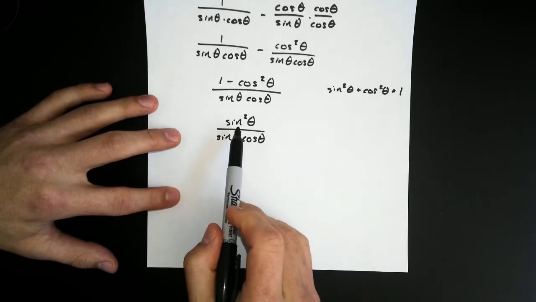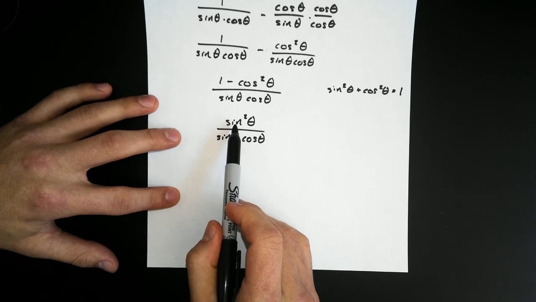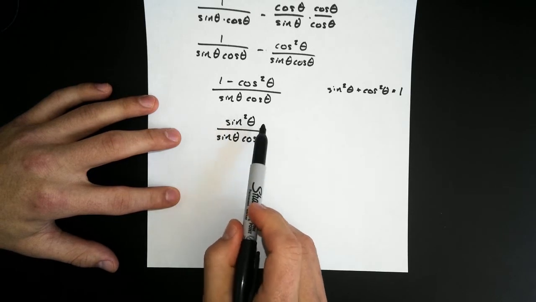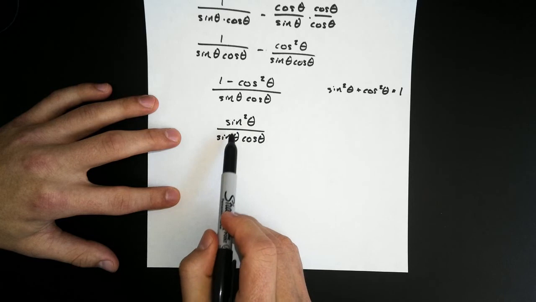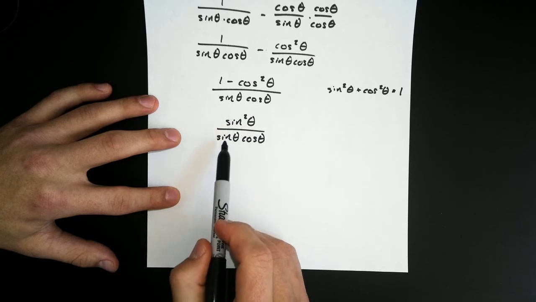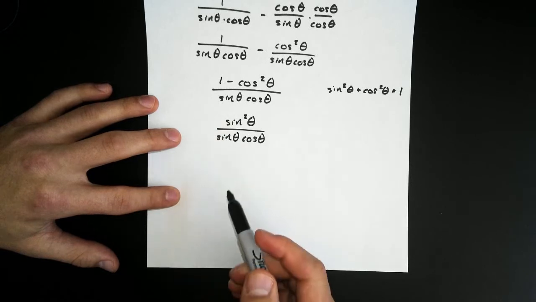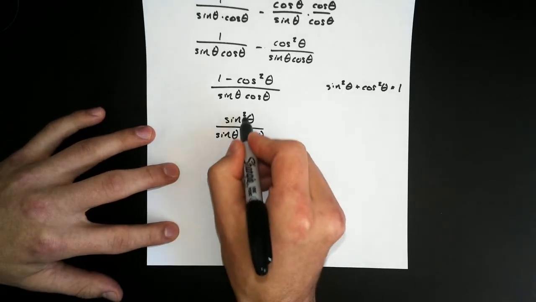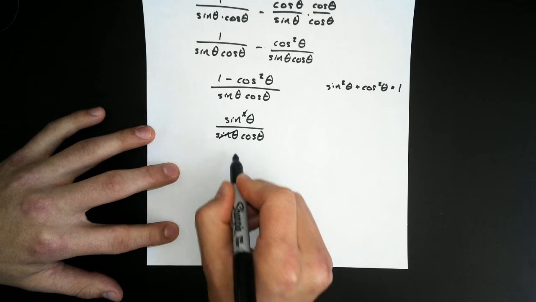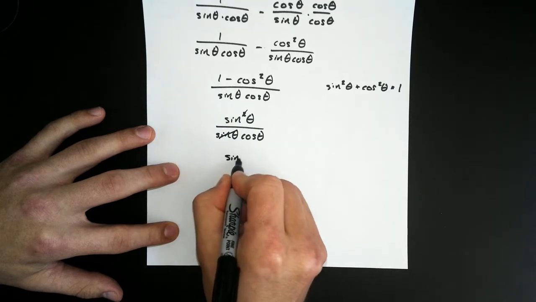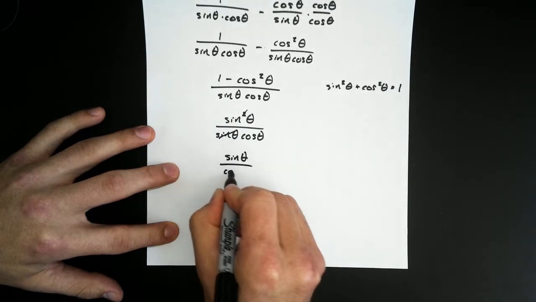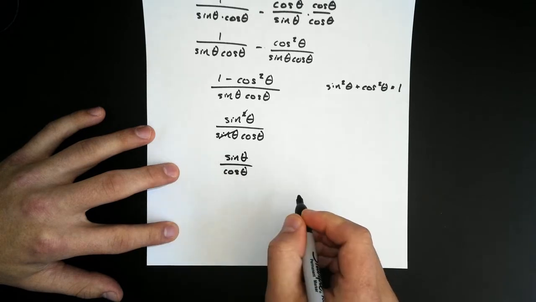Sine squared, this is sine times itself. So this is the sine of theta times the sine of theta. So that means I have a sine of theta in the numerator, and I have one in the denominator, so that common factor can simplify. So this will cancel out with this, and I am left with the sine of theta divided by the cosine of theta.